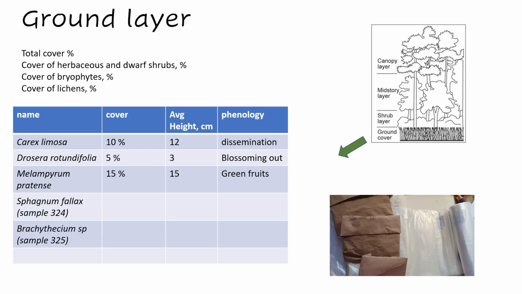And finally, the ground layer. The ground layer is presented by dwarf shrubs, all herbaceous vascular plants like sedges, grasses, etc., and mosses, which we call the moss layer, which we put as bryophytes, as we put sphagnums and green mosses together.